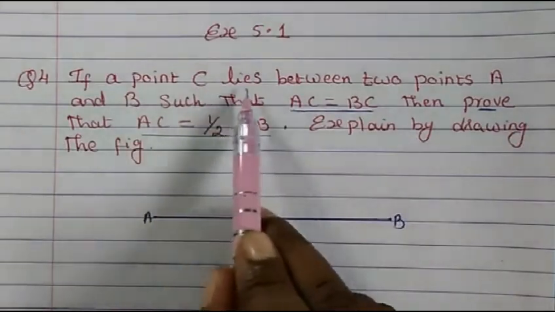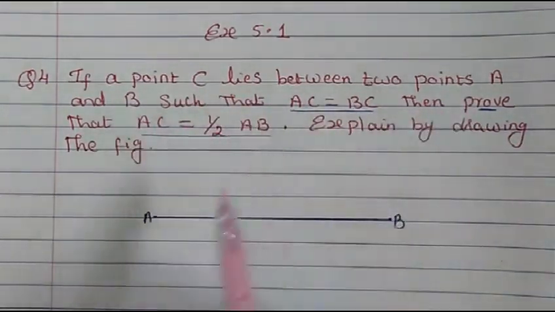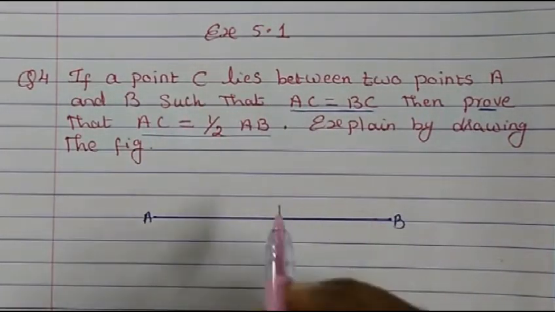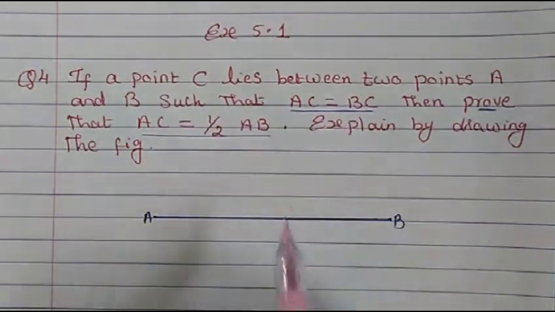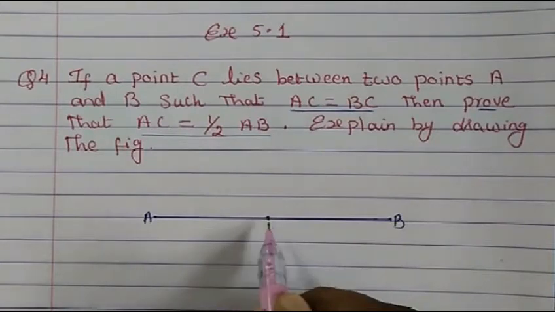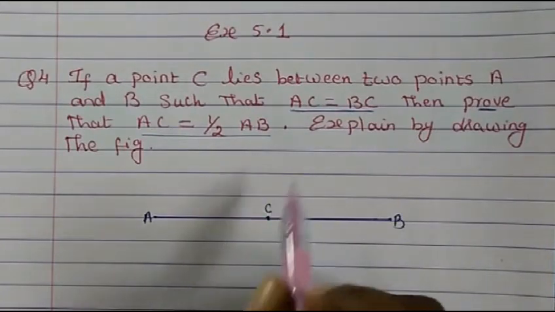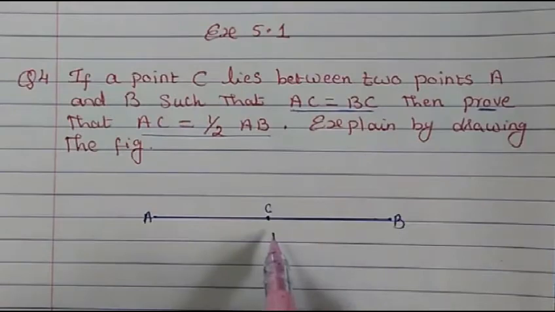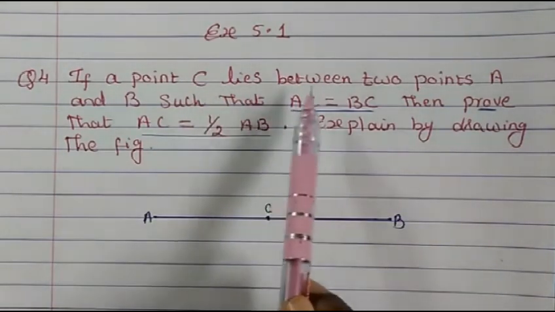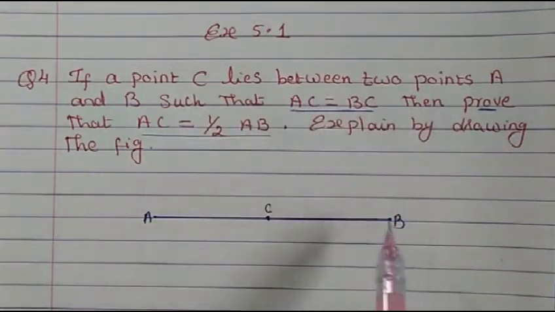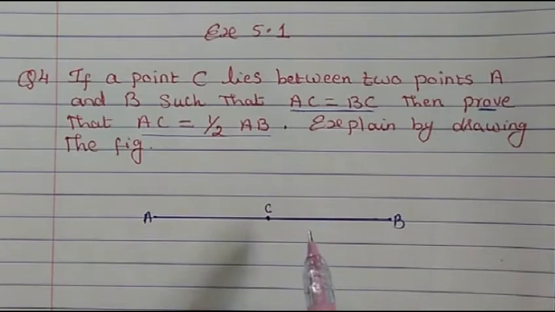If a point C lies between the 2 points A and B in such a way that AC will be equal to BC, that means it has to be in the center, then only AC will be equal to BC. So it is given to us that AC is equal to BC. Okay, so we have drawn the figure.